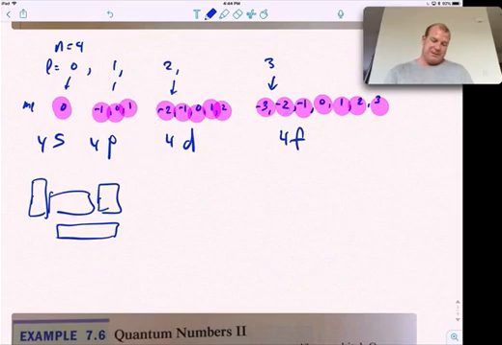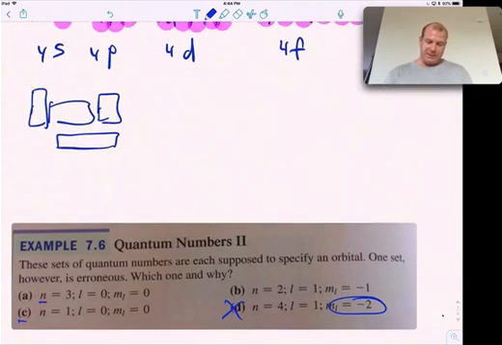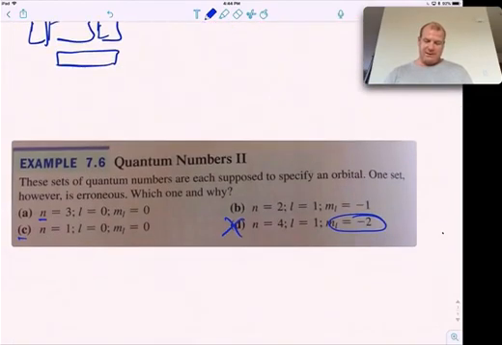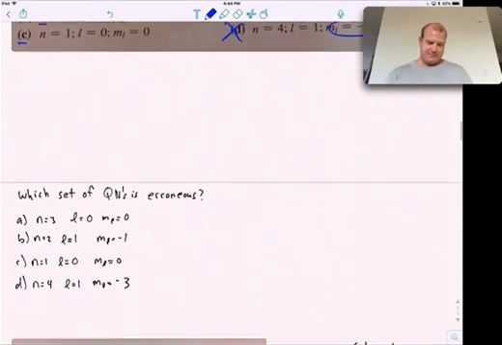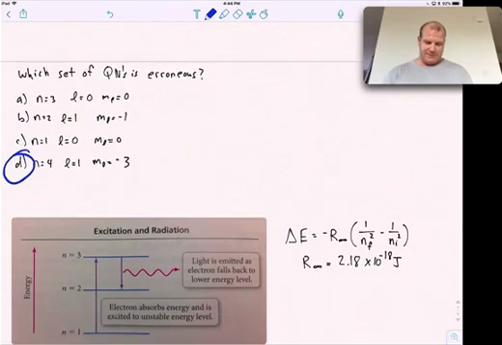Well, that's because if you look at the hierarchical rules, this L is 2 and this L is 3. In this one here, the L is 1, so it can only be minus 1, 0, or 1. So which set of quantum numbers is erroneous? You'll find out it's D.